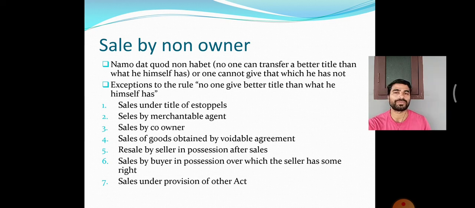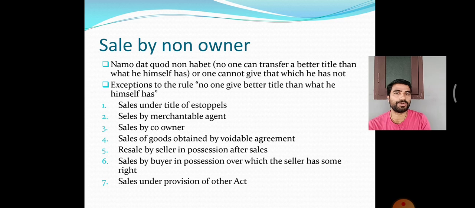You paid the money also. But this shop owner, by mistake, sold this bucket to a third party. That is resale. So what happens? The title of the ownership actually will pass to that third person.